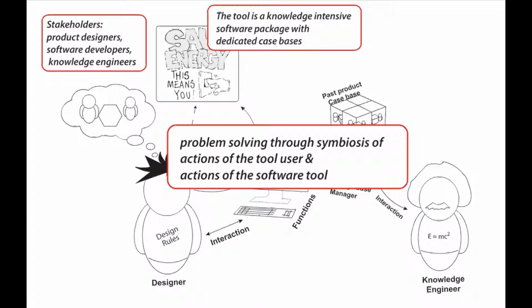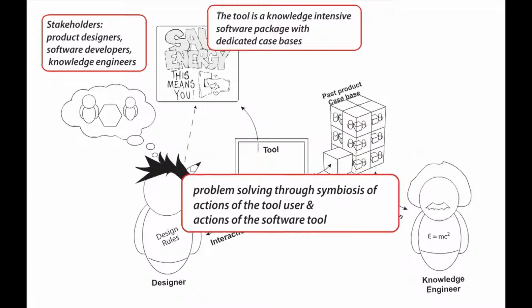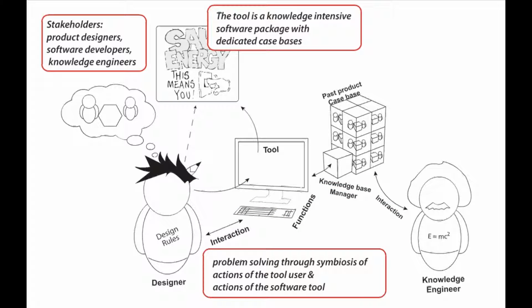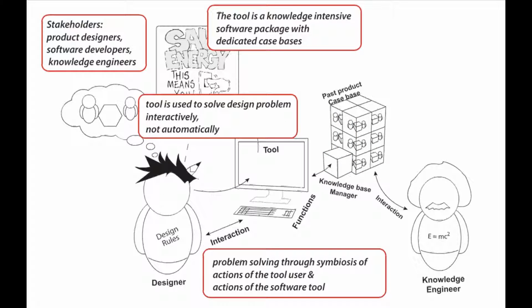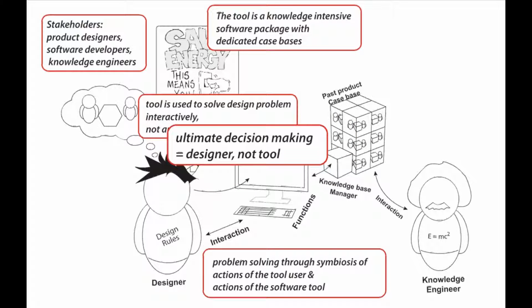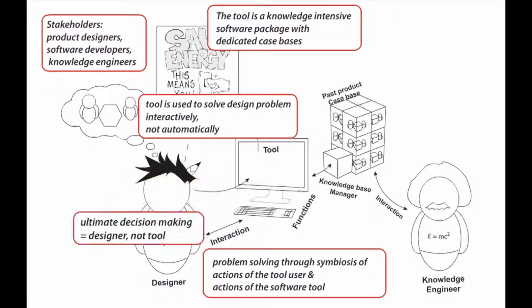The problem solving, that is, finding effective and feasible solutions for energy saving with household appliances using ubiquitous controllers, is done in the symbiosis of action of the designers and the actions of the tool. The tool is used interactively and not intended to solve the design problem automatically. The tool offers cases and decision-enabling information for the designers, but the ultimate decision-making is left to the designer.